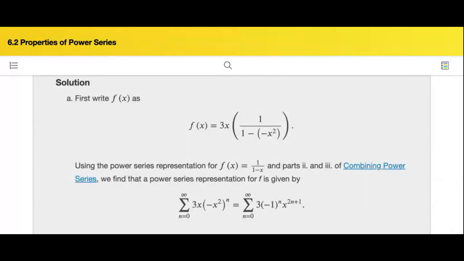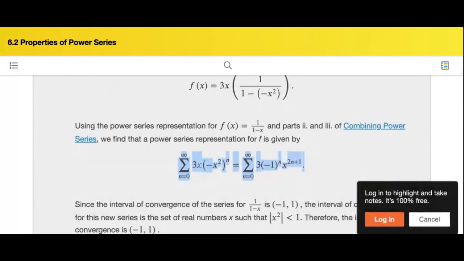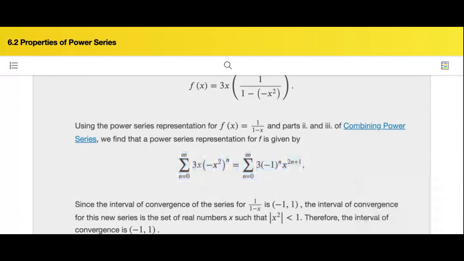All right. So how is there a plus 1 in the exponent? Do you see the x here? We have x raised to 1 here.